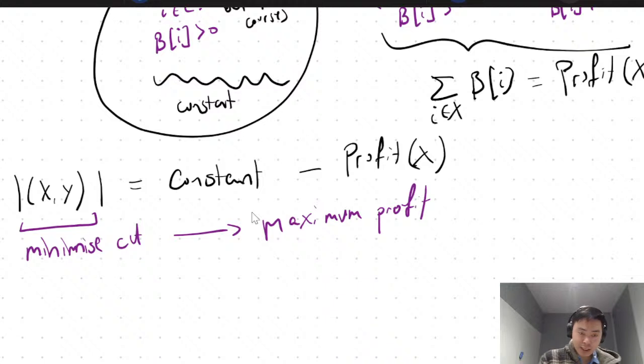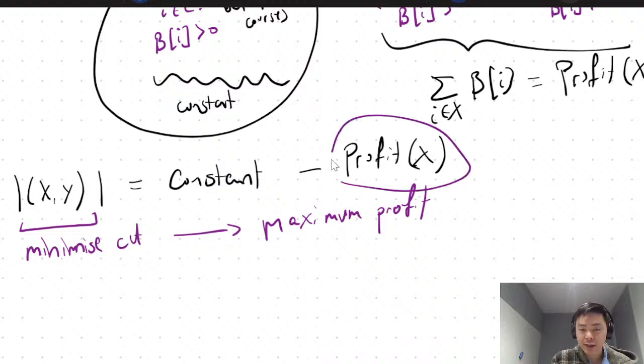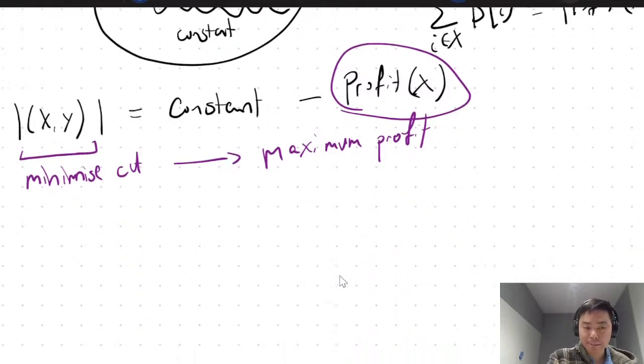Because if I minimize the cut, well, this is a constant, so this doesn't change no matter what the cut is. So the only thing I can do is to affect the profit. And in order to minimize the value of my cut, I need to maximize the profit. So in fact, what I can show is actually the min cut corresponds to the max profit.